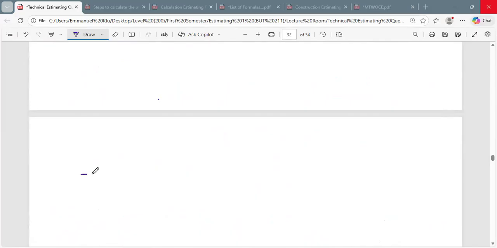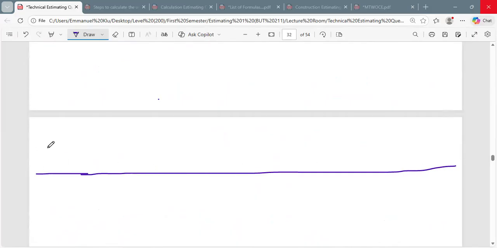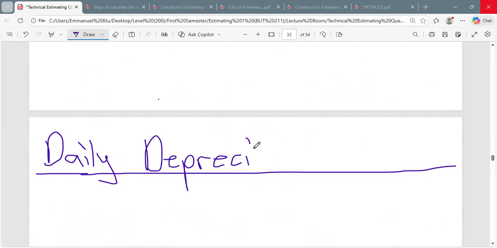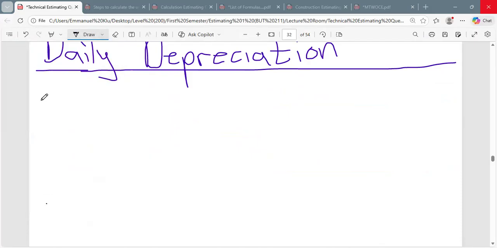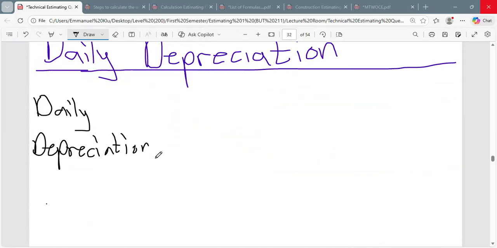Our daily depreciation is equal to annual depreciation over the effective working life.